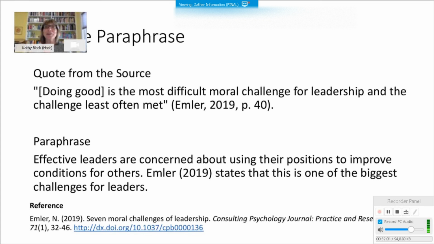The paraphrase reads like this: "Effective leaders are concerned about using their position to improve conditions for others. Emler, 2019, states that this is one of the biggest challenges for leaders." That little Emler 2019 that you see in the paraphrase is a citation in APA style, and we'll look at that more tomorrow.